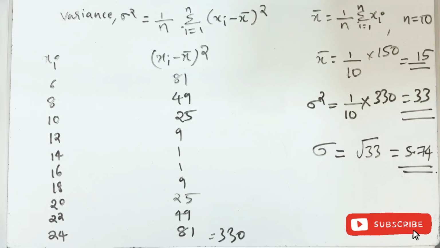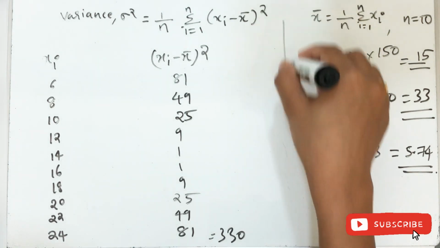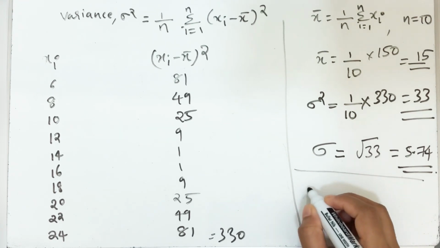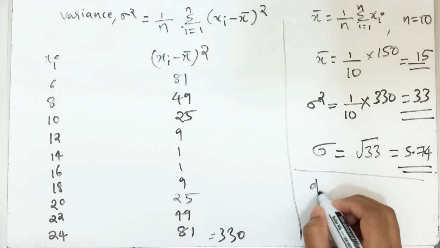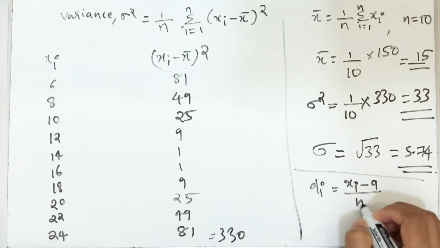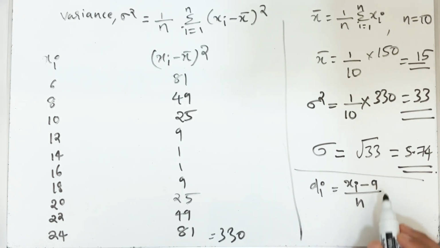Next, we can see how to find the mean using the shortcut method or step deviation method. In the step deviation method, we assume a mean. Then we define the step deviation di equal to xi minus a by h, where a is the assumed mean and h is the common factor for this deviation.